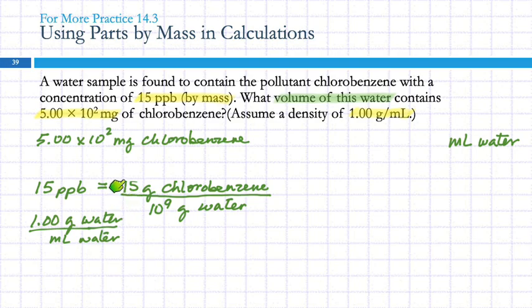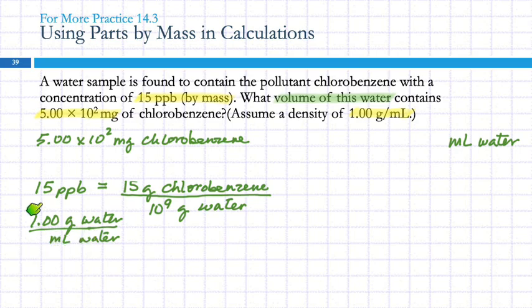So then these are going to be used in this calculation somewhere, right? So here we've got milligrams of chlorobenzene. Here we've got grams of chlorobenzene related to grams of water. And here we have grams of water to milliliters of water.